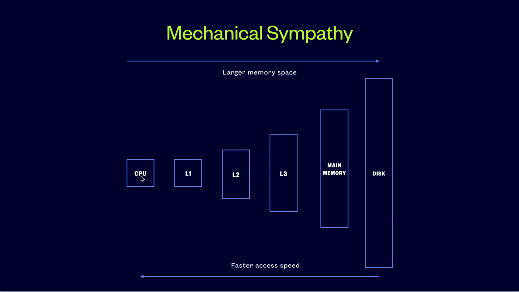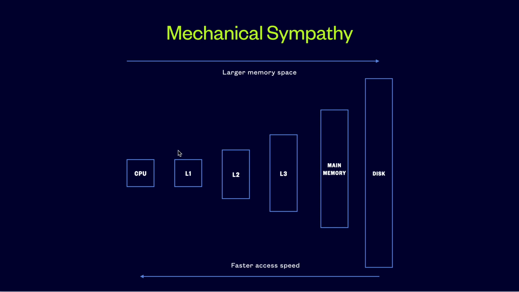Why? Because when the CPU is working with a piece of data and it's about to finish with that data and access more, there is a process called the prefetcher. What it does is try to predict the next piece of data and go and load it before the CPU is done.